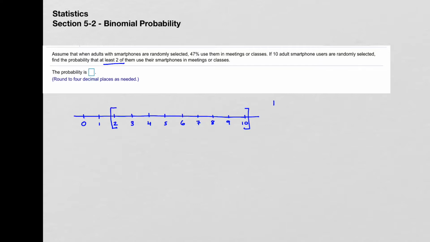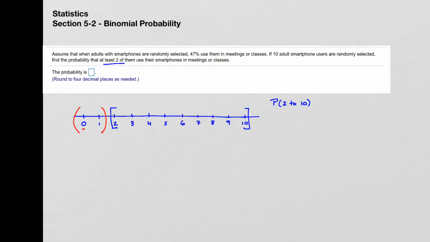The calculator won't calculate this. The calculator will only let you start at 0. So we could find the probability of 0 to 1 successes, which is the complement of 2 to 10 successes, and then subtract that probability from 1.